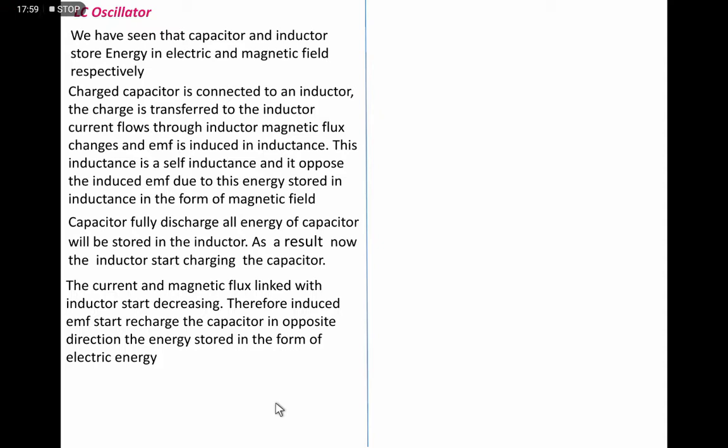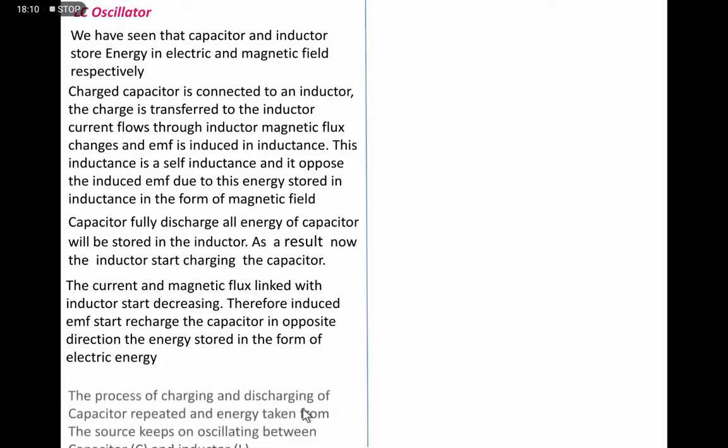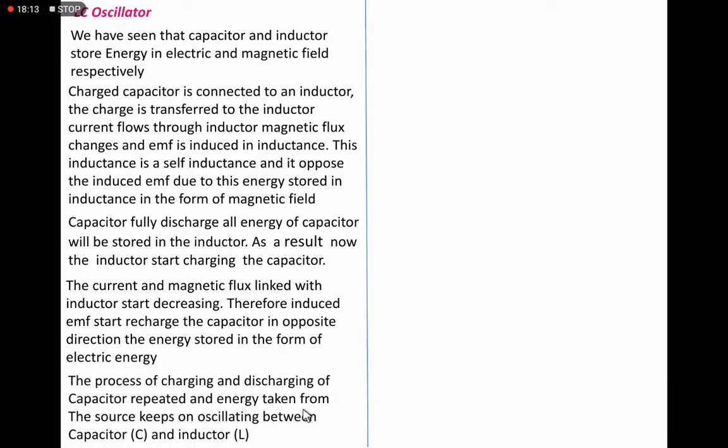Definitely the magnetic field energy starts to convert into electrostatic energy. So this happens across the inductance and capacitance. This process of charging and discharging of the capacitor and inductance goes on, and electrostatic energy is converted into magnetic field energy, and magnetic field energy is converted back into electrostatic energy.